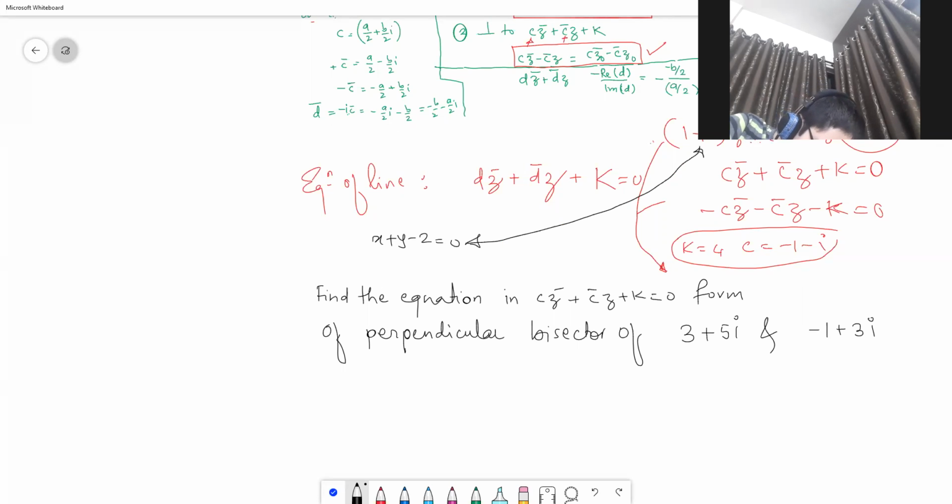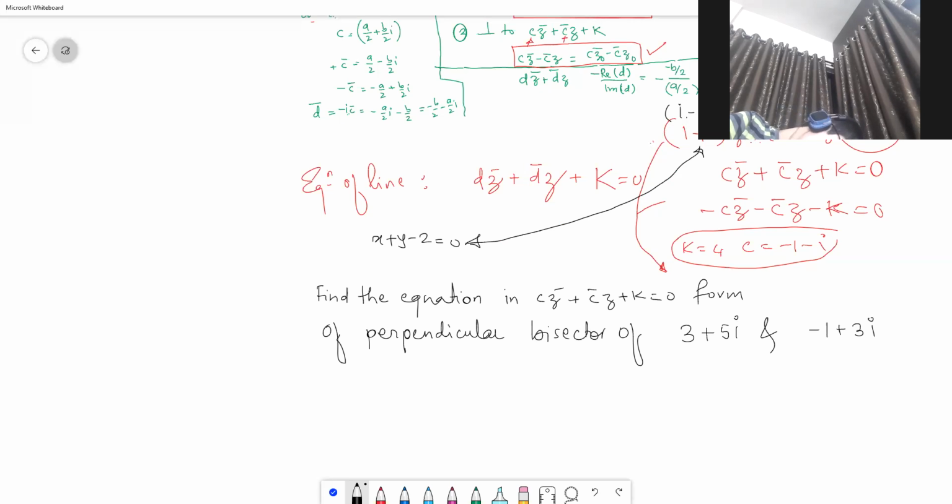Yes, now I is not wanted here, so you just multiply this entire equation by i and find out what happens. So if you multiply the entire equation by i, you get i minus 1 times z. Then what you get here is minus i plus 1 times z bar is equal to minus 4. Is that right?